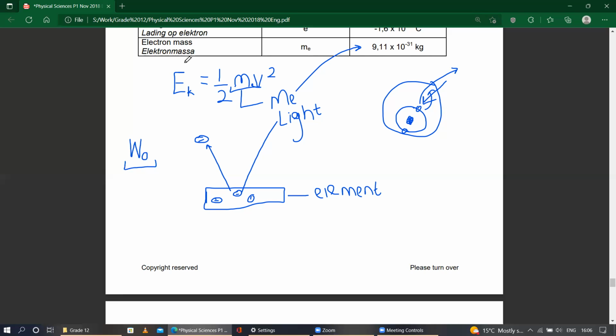So the total energy of the electron in this particular system, E, is gonna be your minimum required energy added to the energy that the electron has afterwards, which is your kinetic energy.